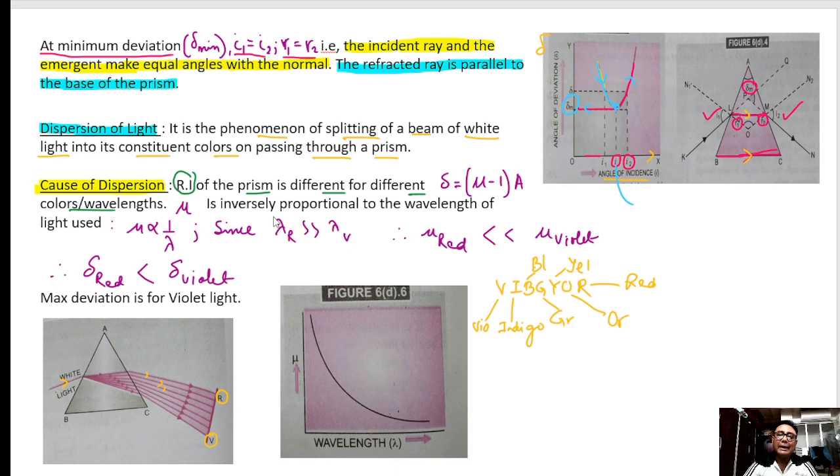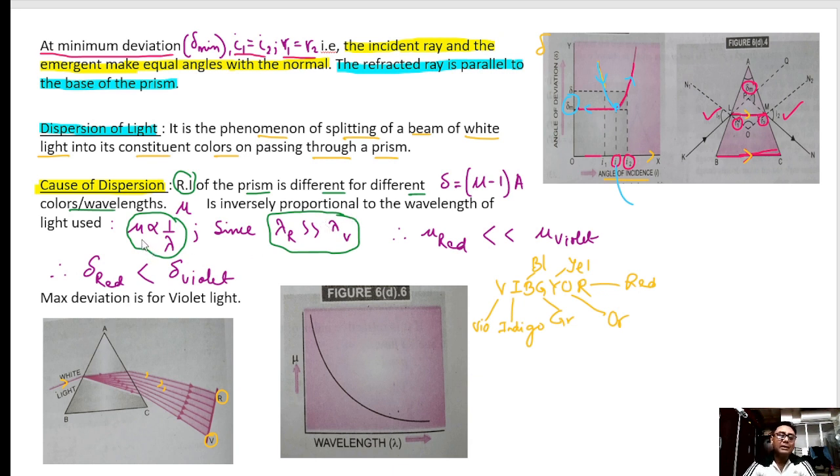Okay, so as you know, this is the relation of the deviation, mu minus 1 into A. For every different angle we know, see here, refractive index is inversely proportional to the wavelength, and we know that the wavelength of red light is the maximum and violet is the minimum.